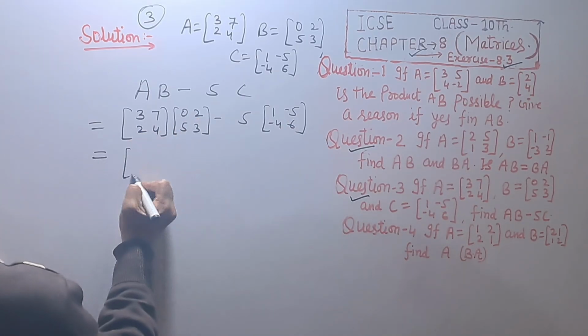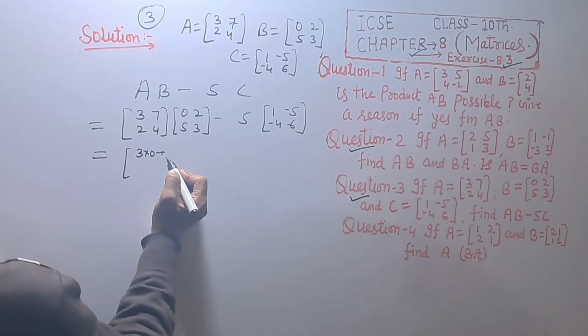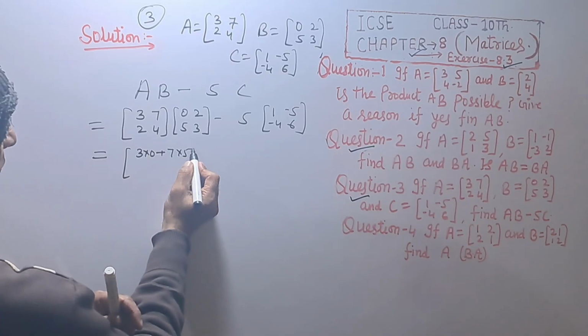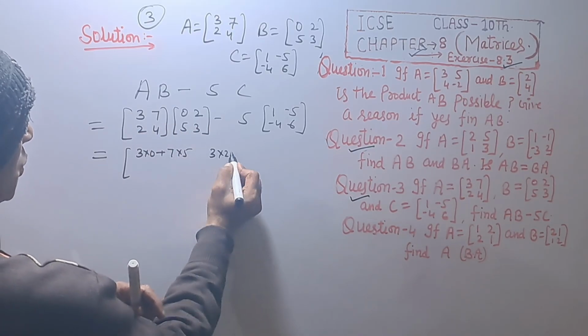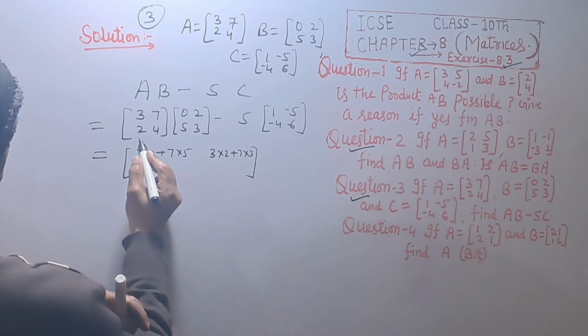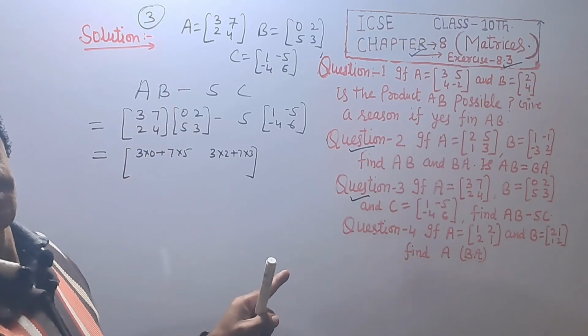First row, first column: 3 multiplied by 0 plus 7 multiplied by 5. 3 multiplied by 2 plus 7 into 3. Second row, first column.